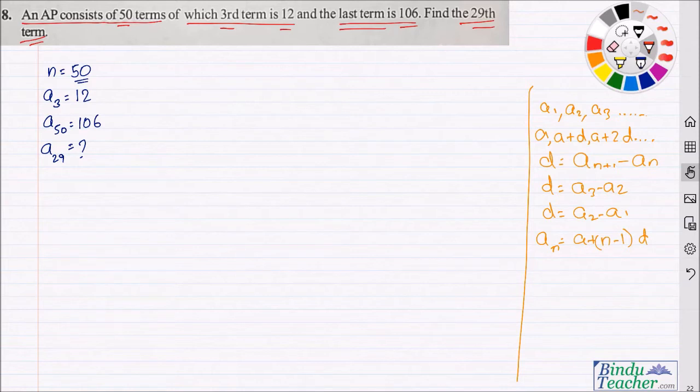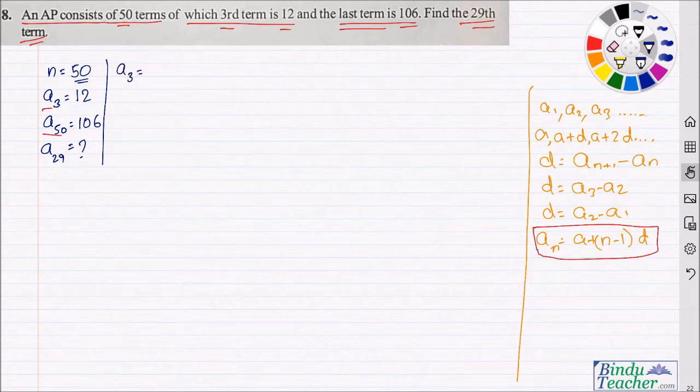Now if you look at the question, they have given us the value of A3 and A50. So we can make use of the last formula here to come up with some equations. So let's write the equation for A of 3.